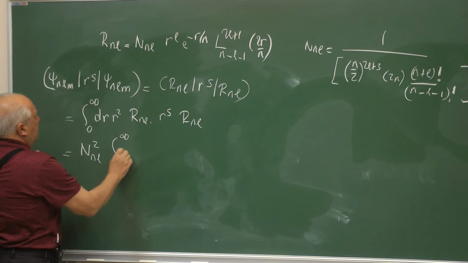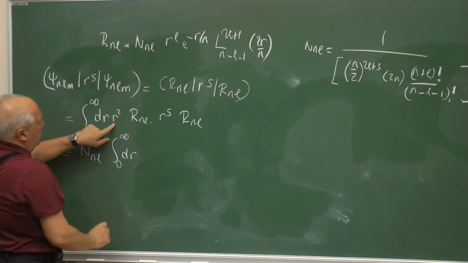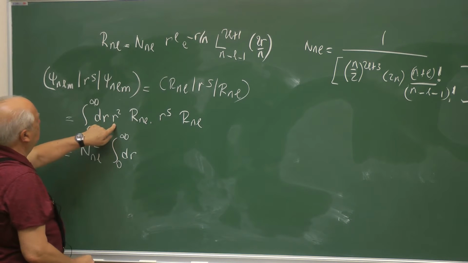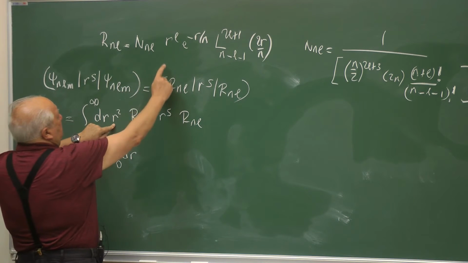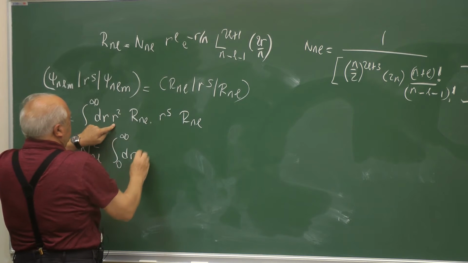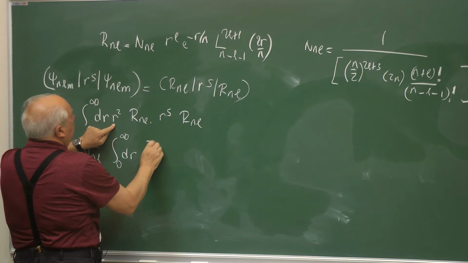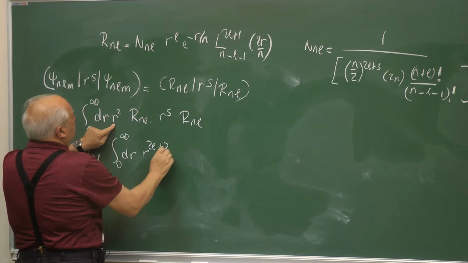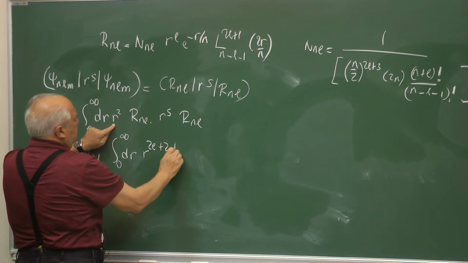0 to infinity dr, r squared coming from the spherical coordinates, then r to the l from one wave function, another one from here, r to the 2l plus 2 plus s.